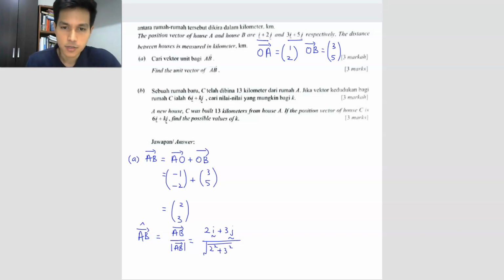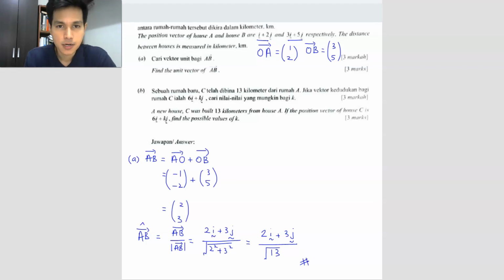So your answer is 2i plus 3j over, 4 plus 9 is 13, so square root 13. You can leave your answer like this.